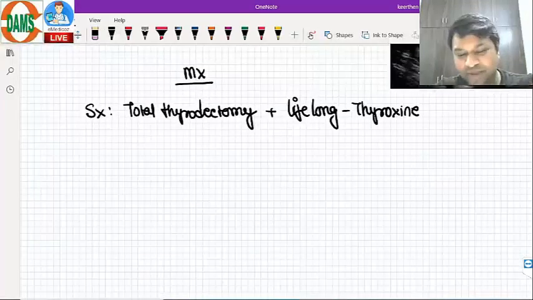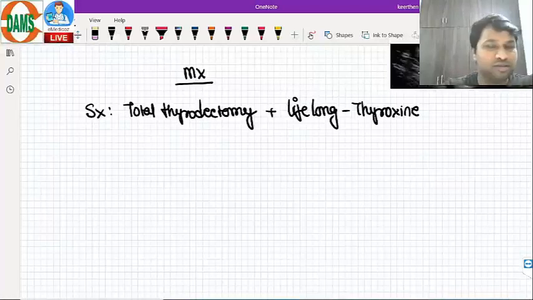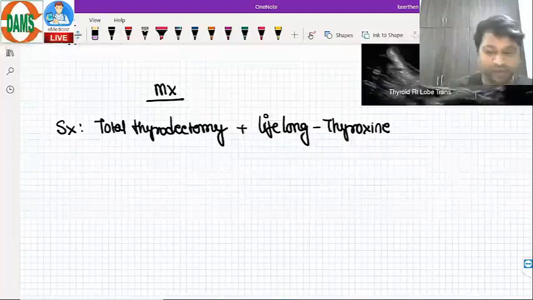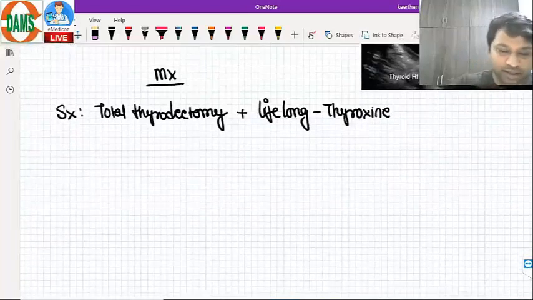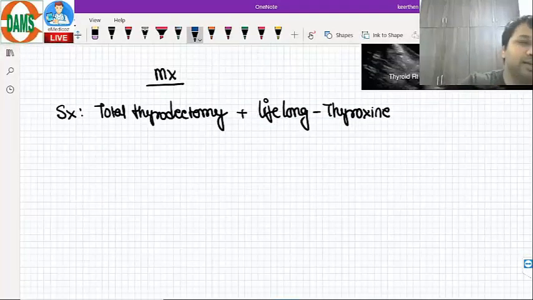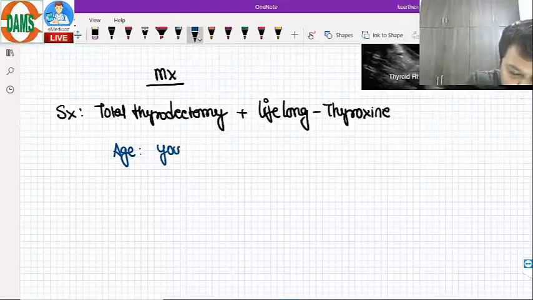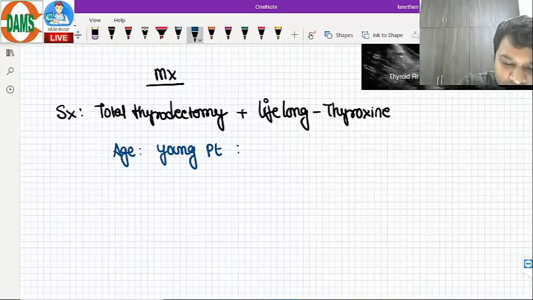Now, things become peculiar, because your examiners want to ask questions which are more clinical based, right? So what scenario they can change, they can ask you in relation to age. If you have a patient of goiter who is apt for surgery and the patient is young, what will be the surgery of choice?